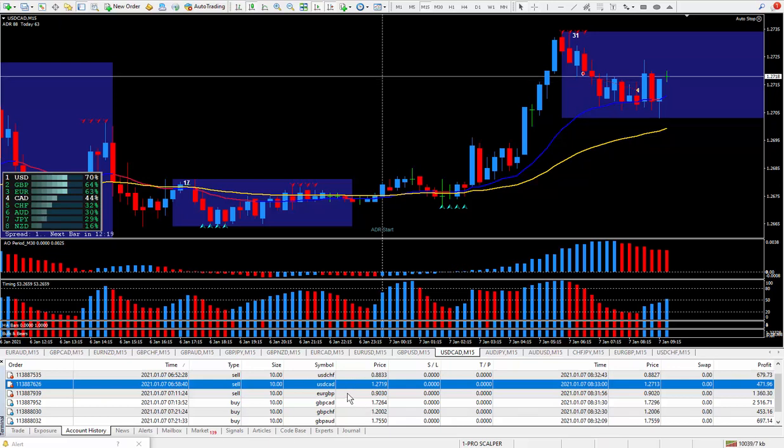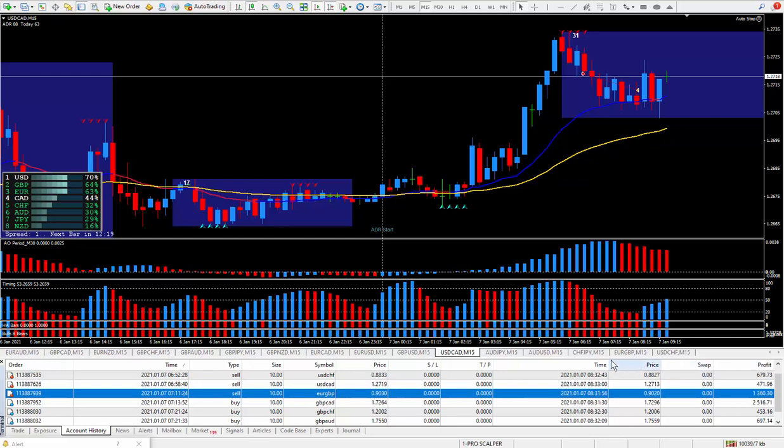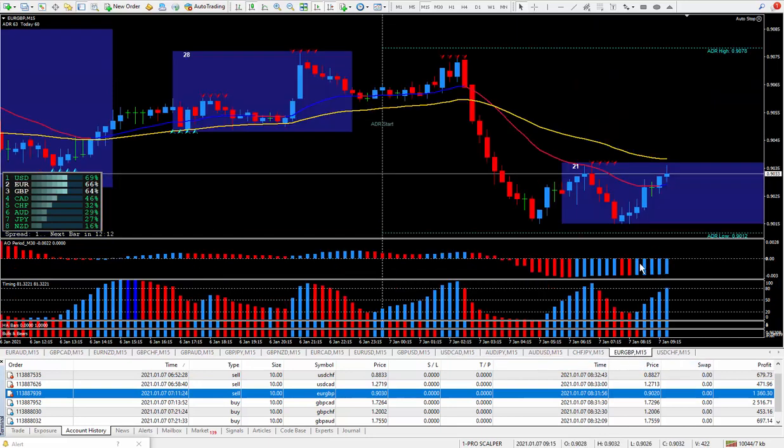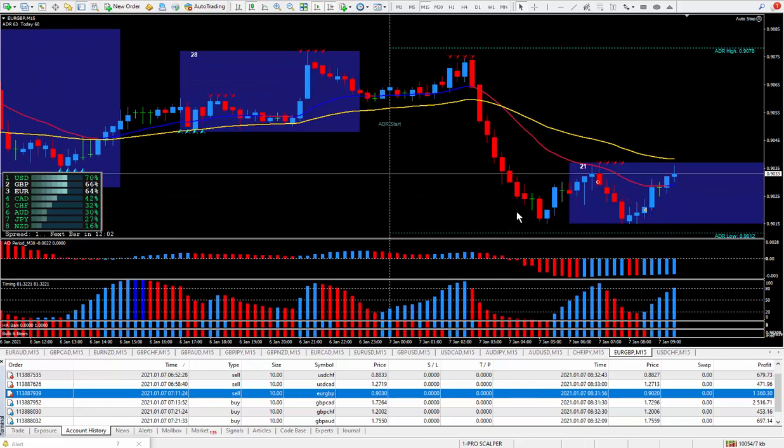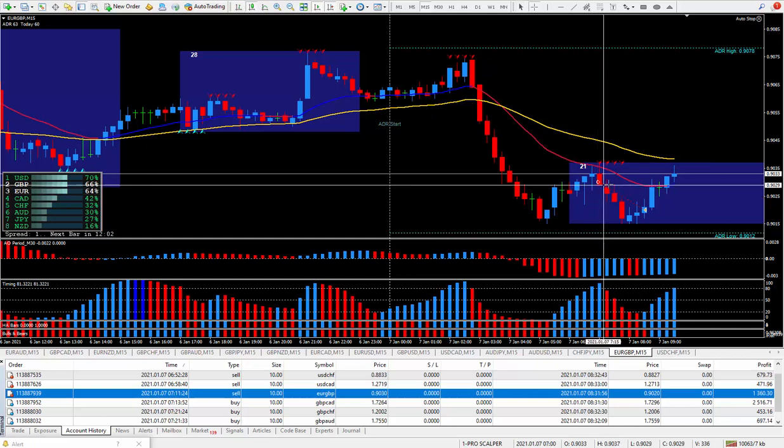Okay, the next pair is the euro pound. Let's see where I got in at. Now this one I sold. Looks like this one is trading a great way to trade. As I said, there's many trades every day. This is pretty much a perfect entry. Pretty close to it anyhow.